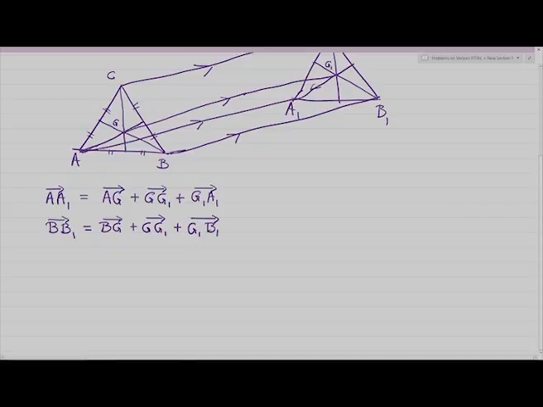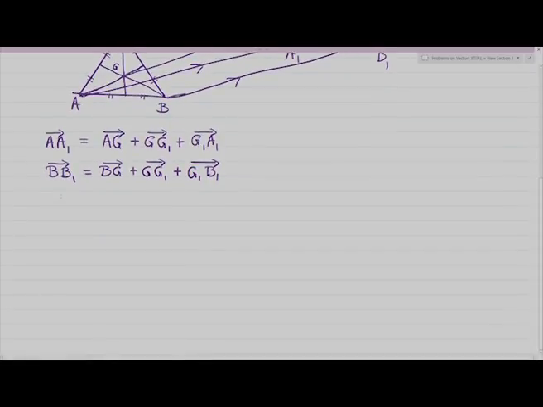So, G1 bar and then G1 B1 bar. Similarly, I can do the same calculation for C1 bar, which will be CG bar plus G1 bar plus G1, and the terminal point should be C1. So, this is a repeated application of the triangle law, that is what I am demonstrating.